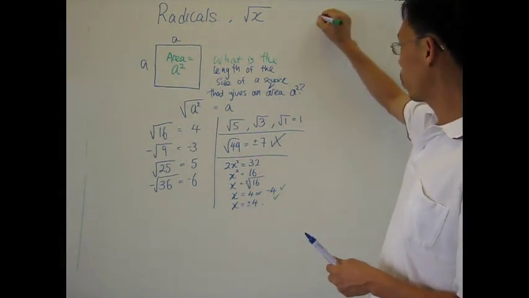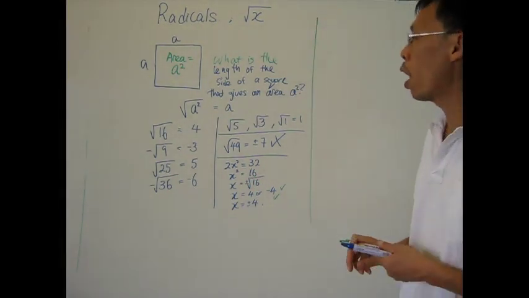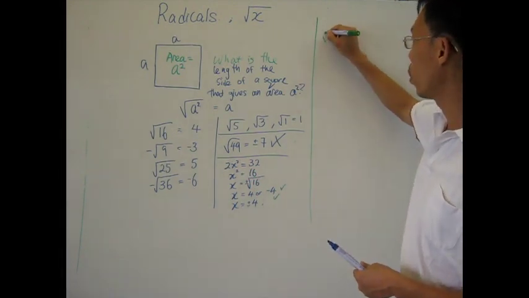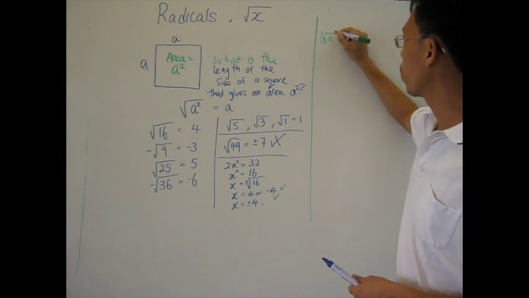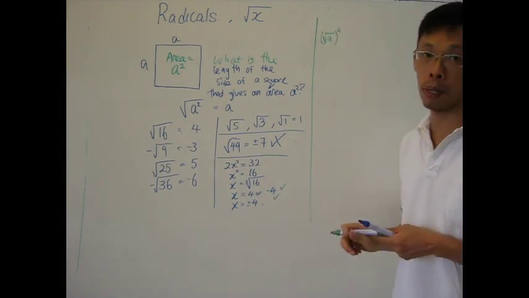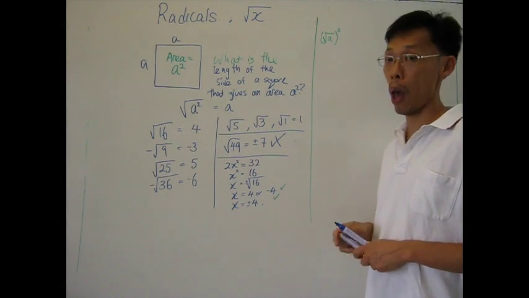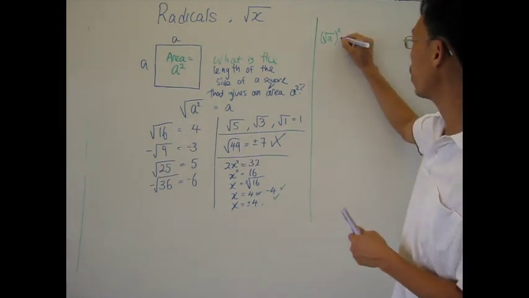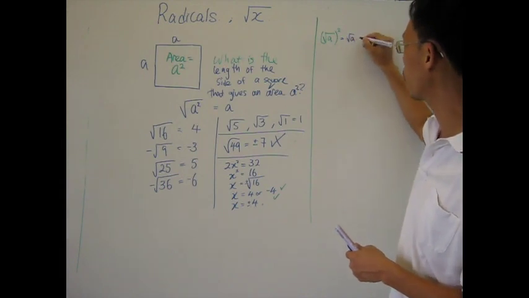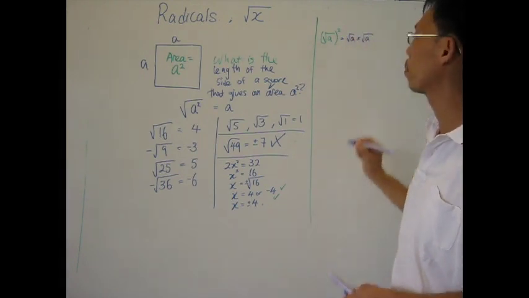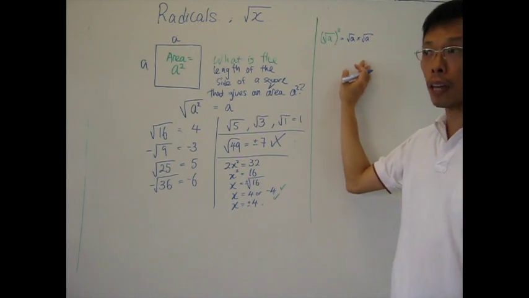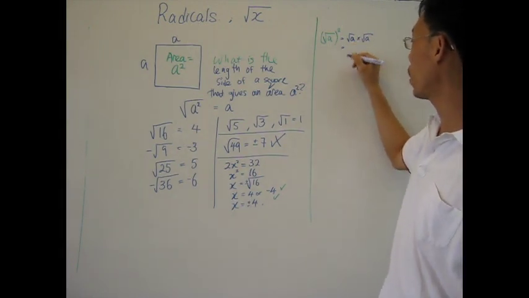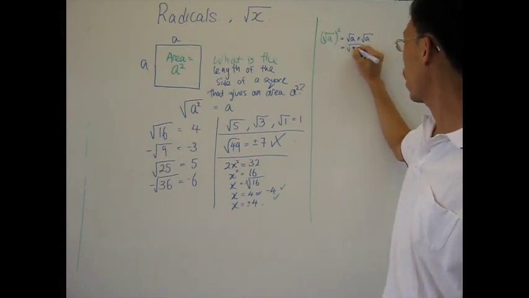Okay, so moving on. What happens if I have something like this? Square root of a to the power of 2. That means square root of a squared. For square root of a squared, we can expand that. If you expand this, you will see that this is square root of a times square root of a. Well, remember, this is basically just a times a.